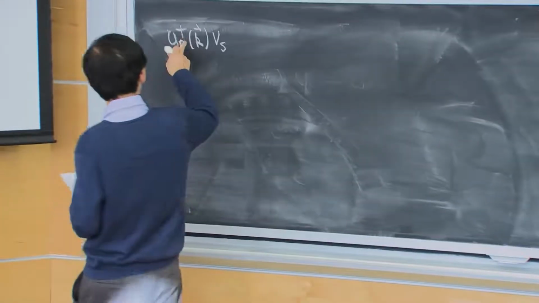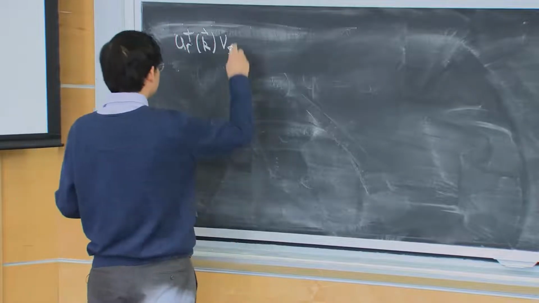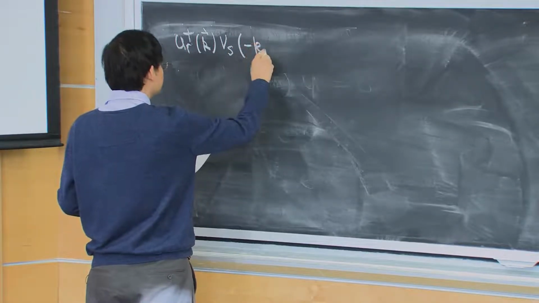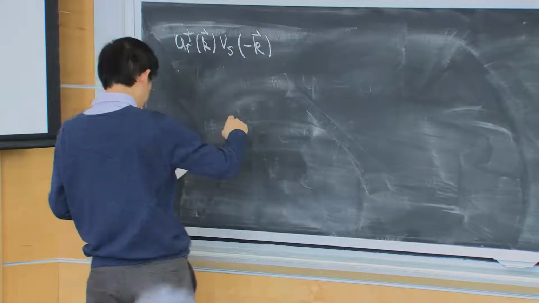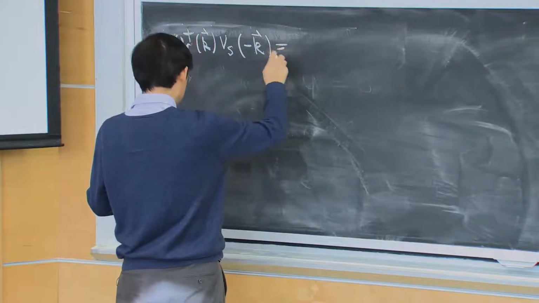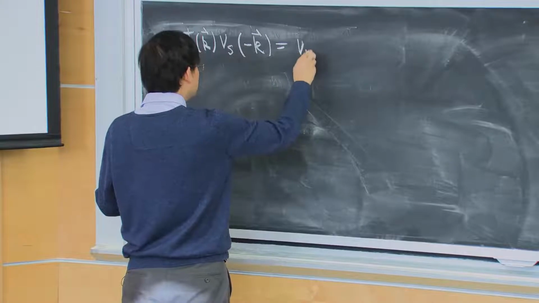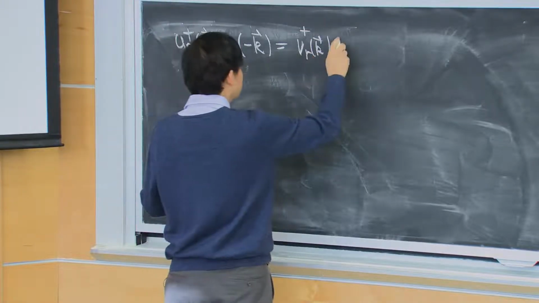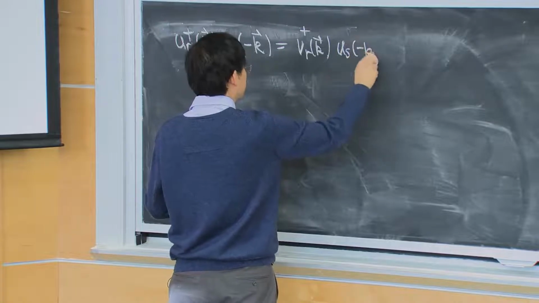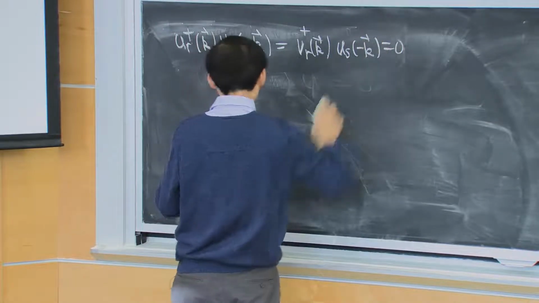But when you have dagger, it turns out it's orthogonal to minus K. Okay, you have to reverse your spatial momentum. And this is equal to VR K and US minus K. So this is equal to 0.